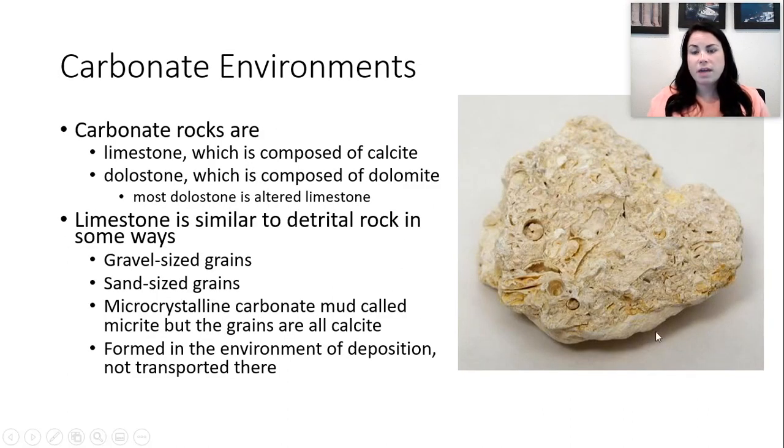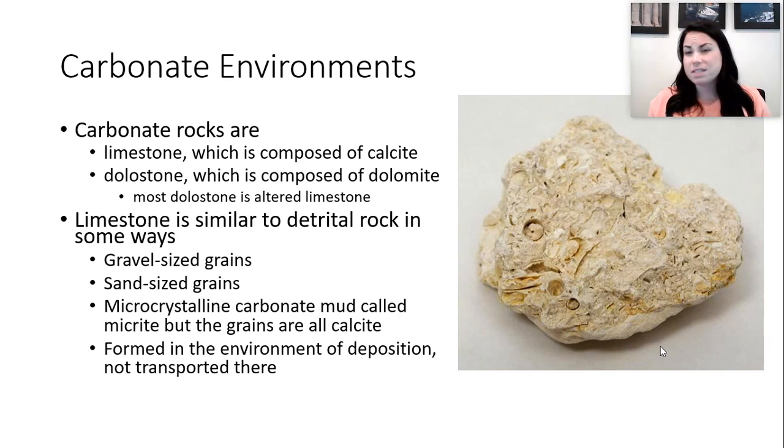Some examples of that are in a carbonate environment. Carbonate rocks include limestone, which is composed of calcite. We also have dolostone, which is composed of dolomite. Most dolostone is some altered version of limestone. And limestone is similar to detrital rock in that it has gravel-sized grains.